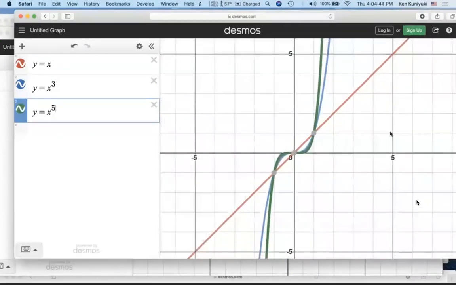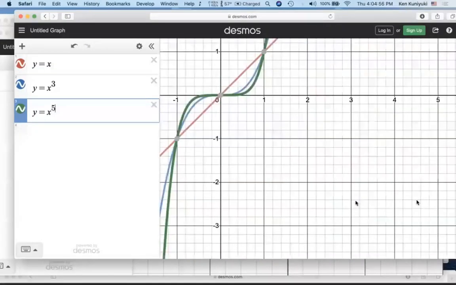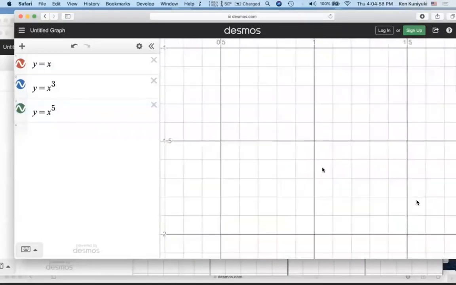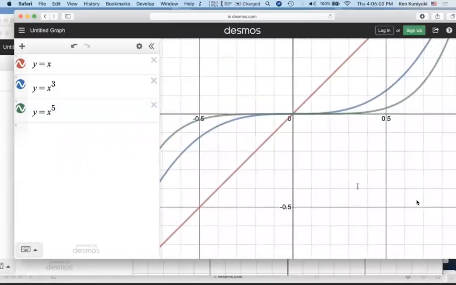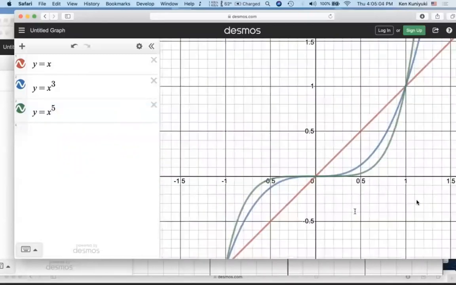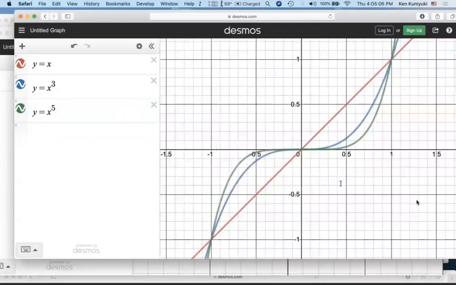All right. Notice, away from x equals 0, the green graph is steeper than the blue or the red graph. But if you zoom in close to x equals 0, for values of x like 1/2, for example, or 1/4, or 0.1, or 0.9, notice that the green graph, y equals x to the fifth, is actually very flat compared to the blue and red graphs.